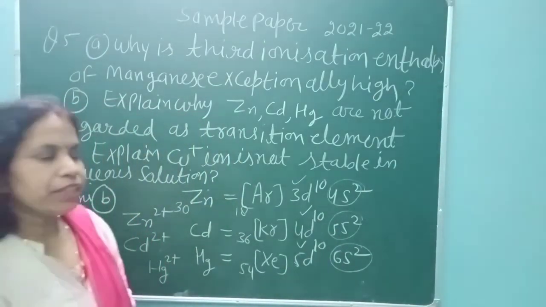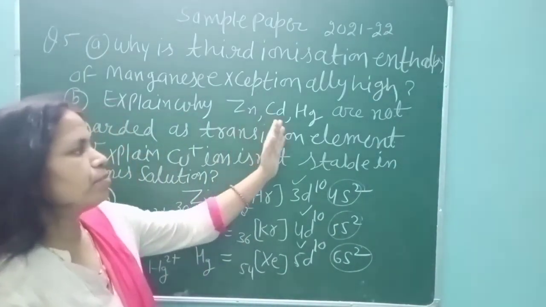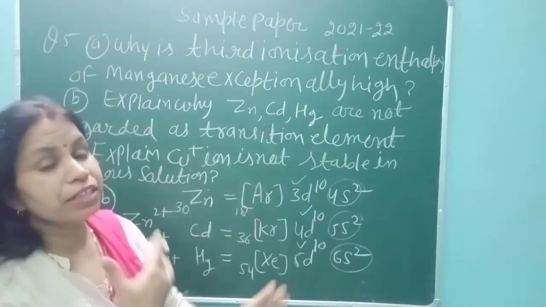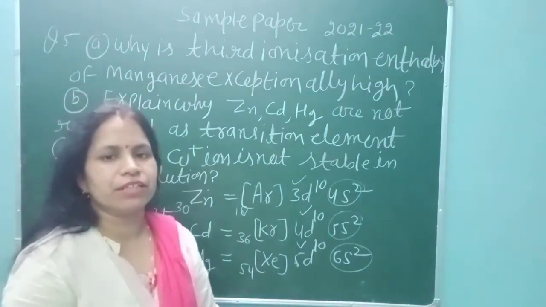So how to explain this answer? Zinc and cadmium are not regarded as transition elements, but they are called d block elements.